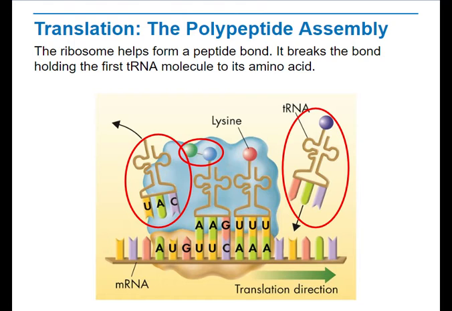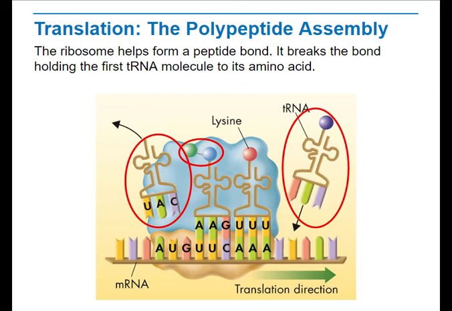The product of transcription, let's get these terms clear. Actually, let's start with replication. The product of replication, we start with one DNA. The product of replication is two identical DNAs. After replication, we have transcription, which takes place in the nucleus. The product of transcription, we start with one DNA.